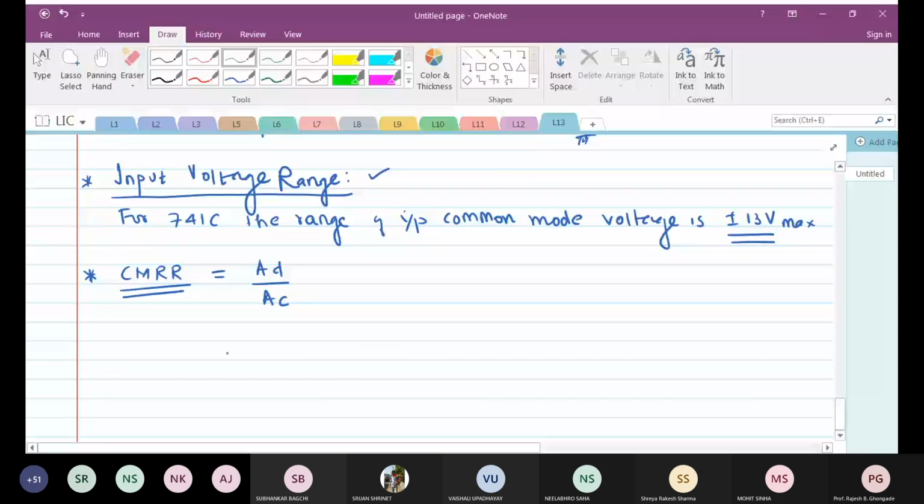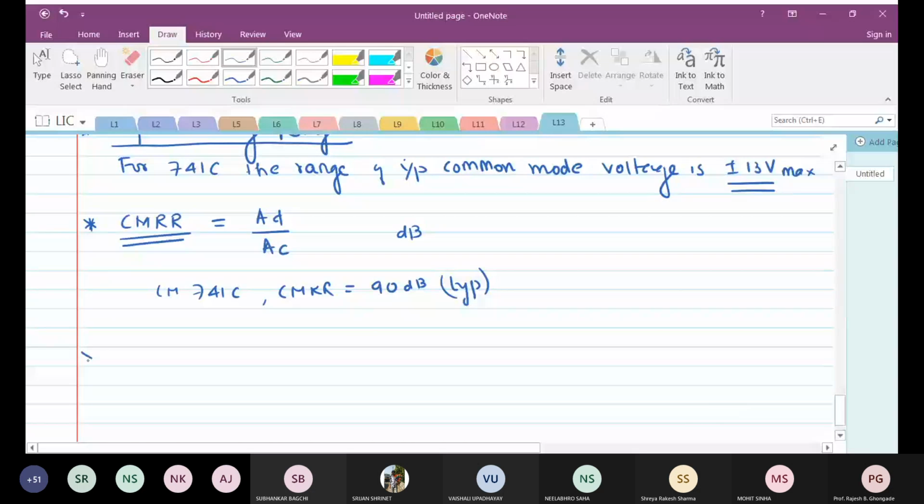CMRR, we have already seen, is most of the time expressed in decibels. For LM741C, the CMRR is 90 dB typically.